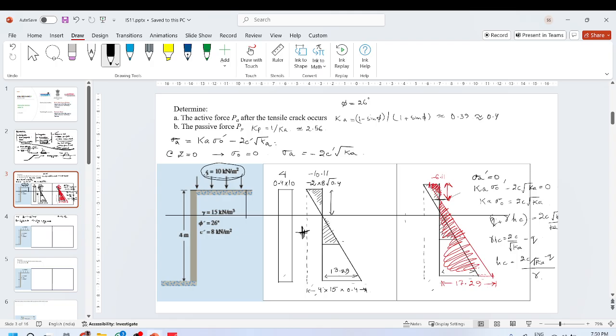Okay, can you calculate this? I have done directly by similar triangle, madam, by assuming the x value. I got 1.044 tensile crack. Okay. 1.044.